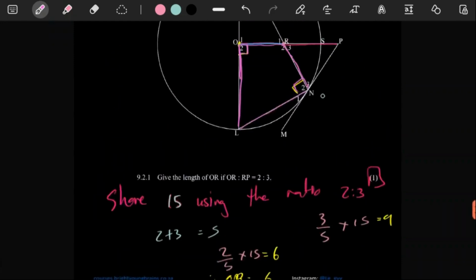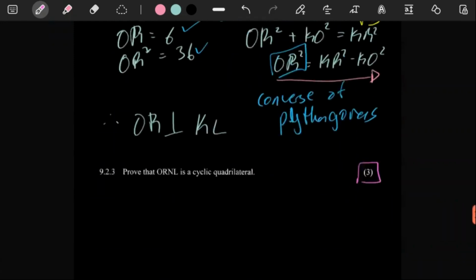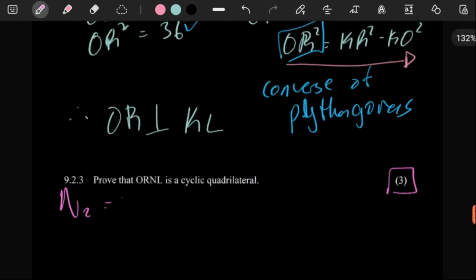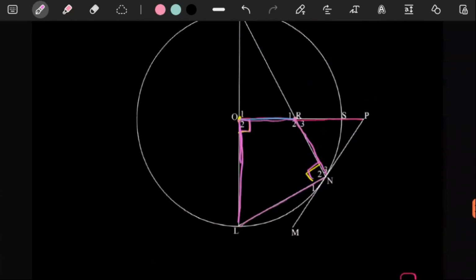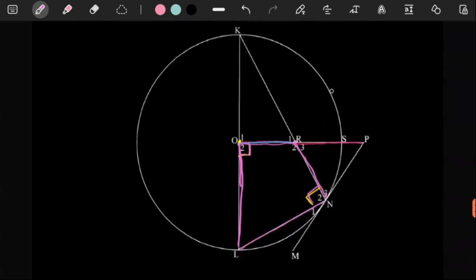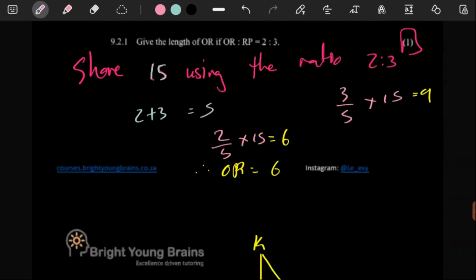But we just have to tell them that N2 is 90. We haven't told them yet. The reason is angle in a semicircle. It's an angle inside half a circle, an angle subtended by the diameter of a circle. So this angle here is 90 degrees.